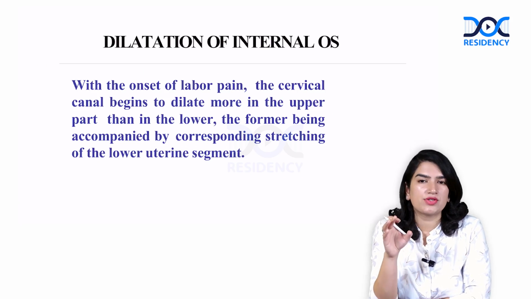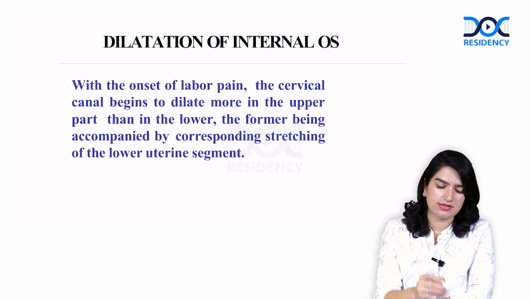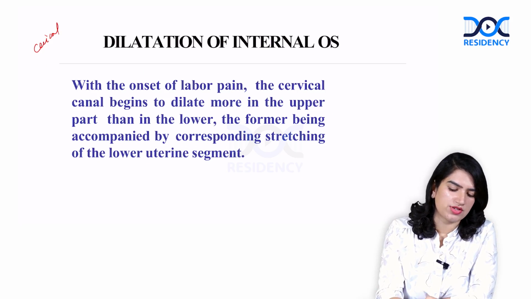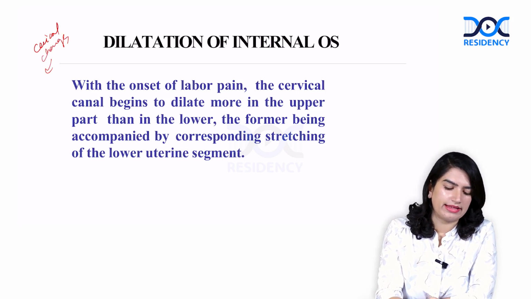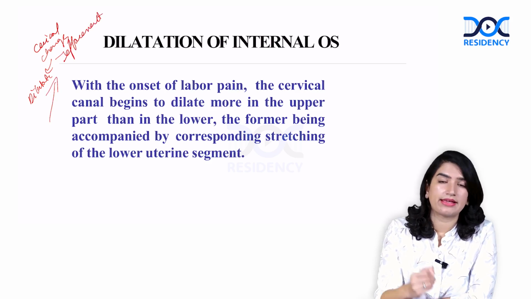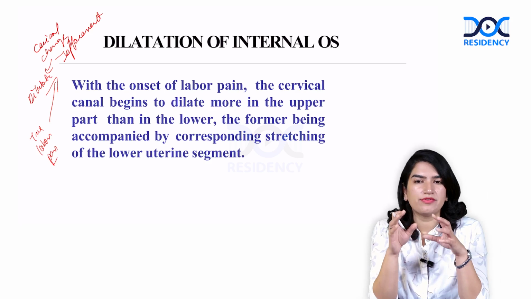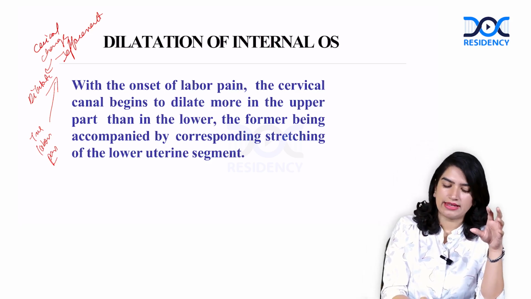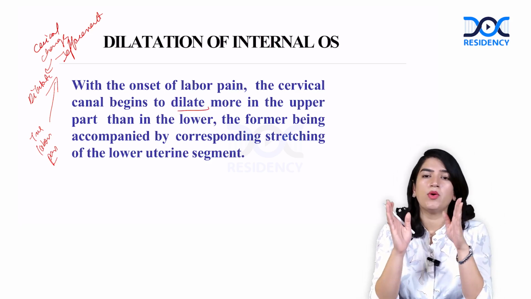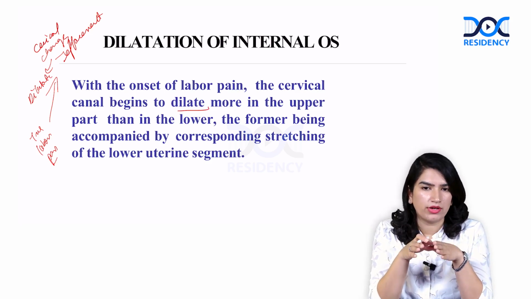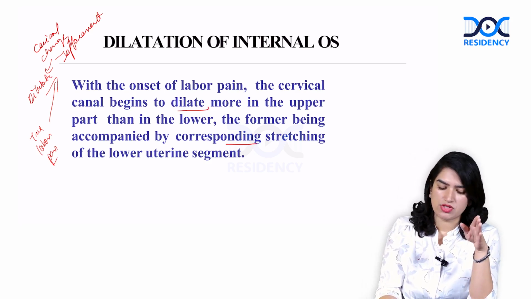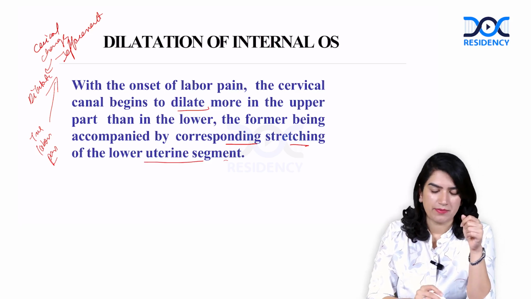Next is dilatation of the internal os, because I told you cervical changes like dilatation and effacement both are characteristics of true labor pains. So, with the onset of labor pain, the cervical canal begins to dilate more in the upper part than in the lower because of corresponding stretch of the lower uterine segment.